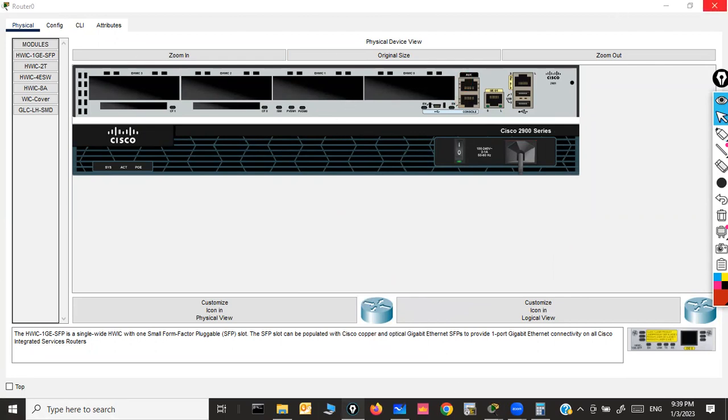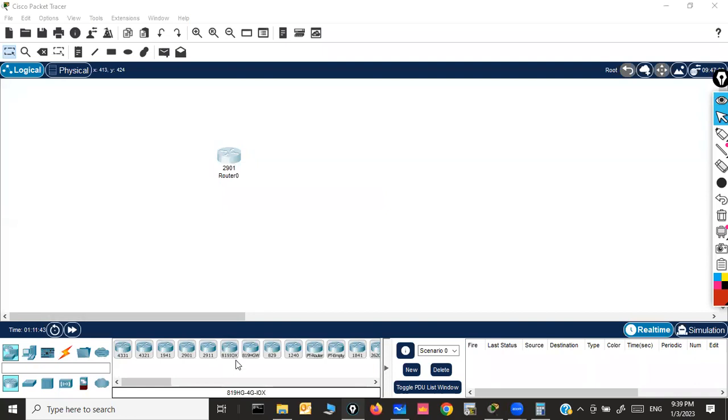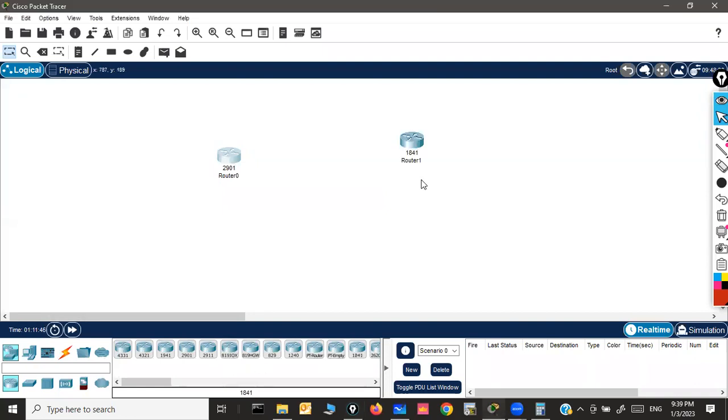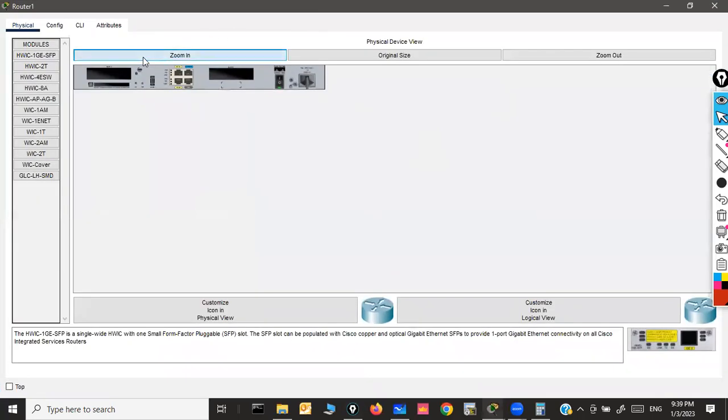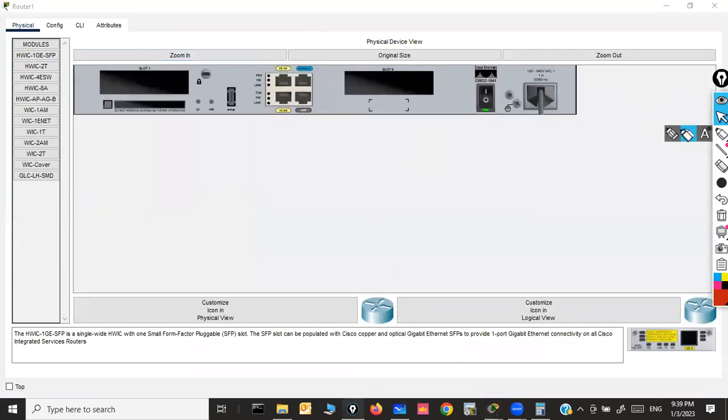Maybe if I pick another one, this one is a very simple 1841, a very small router. If I zoom in, this is another router. This one has an on/off switch, and there are some ports here, FastEthernet 0/0, console, auxiliary. I'll explain these different ports, and there are some free slots.